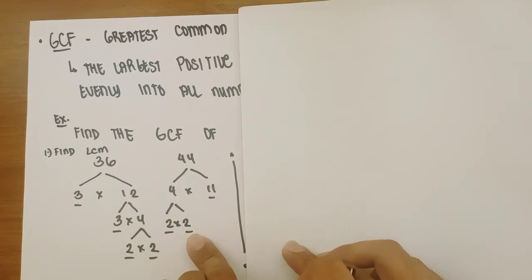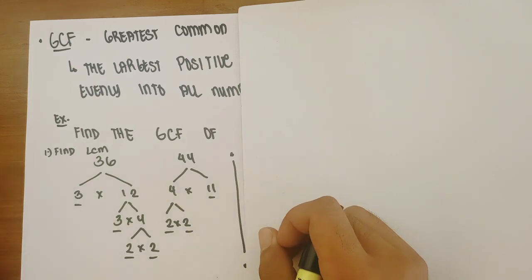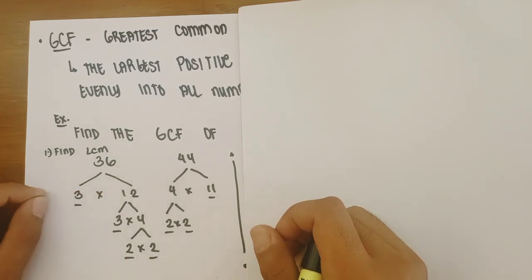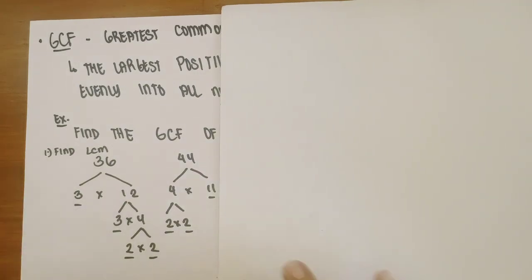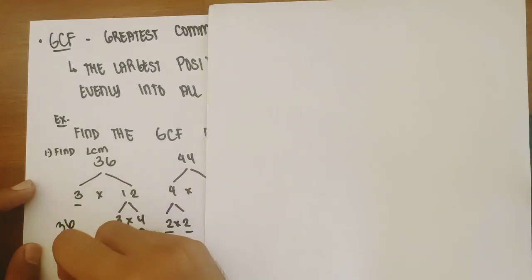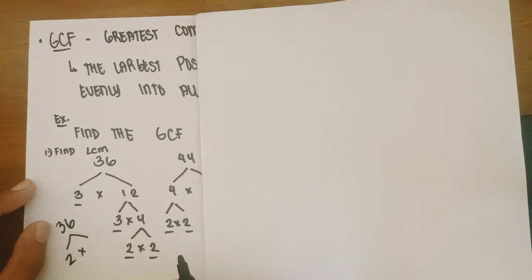Kanina sinabi ko na kailangan magsimula ako sa 2. However, pag alam kong mas mataas na numbers, mas mapapabilis, mas mapapaunti yung branching ko, ginagamit ko na yan. Pwede din naman natin i-start from 2, for example. So, 36, sinabi natin 2. Ano ba ang other number pag minultiply natin ng 2, magbibigay tayo ng 36?